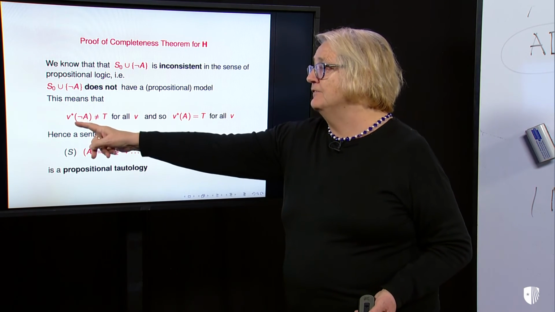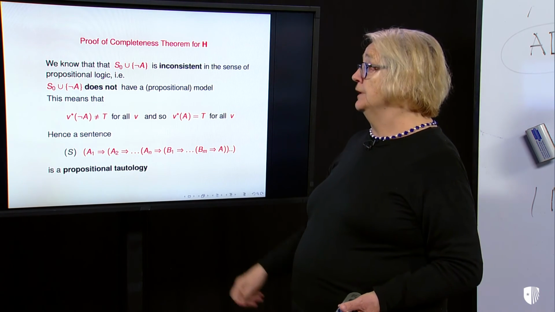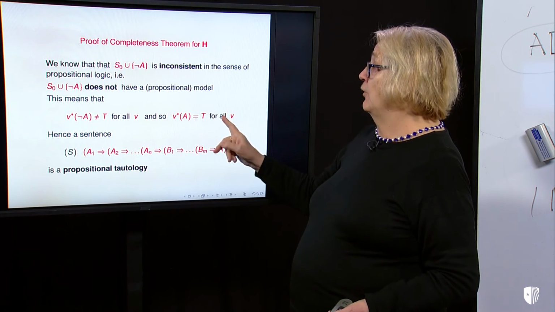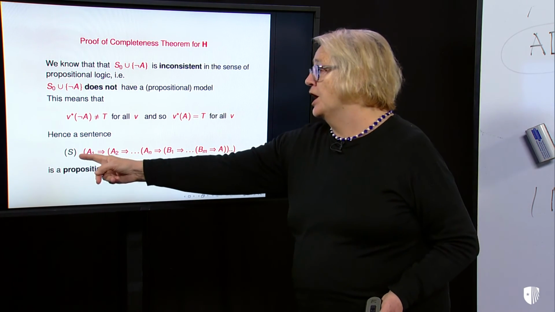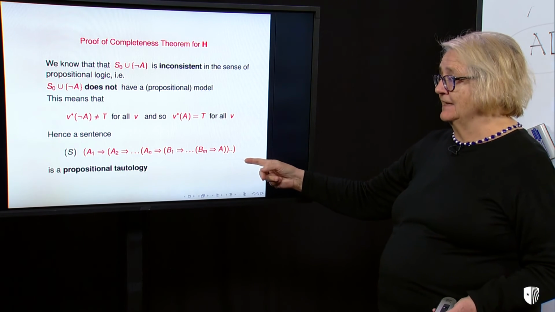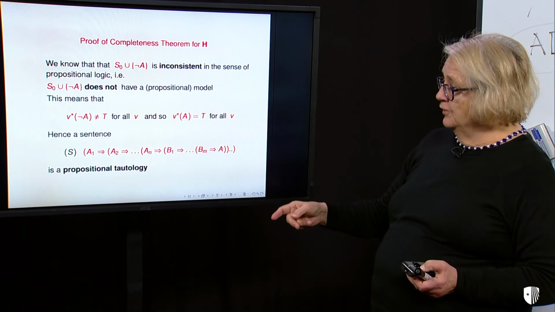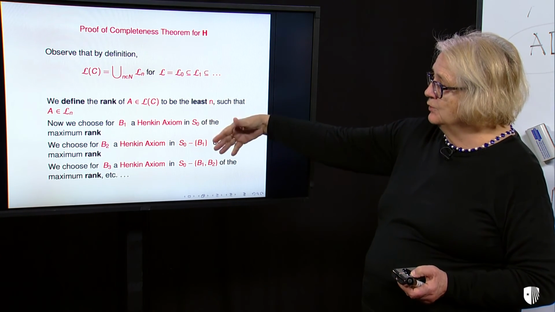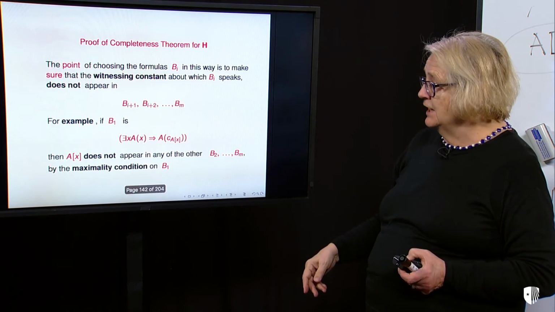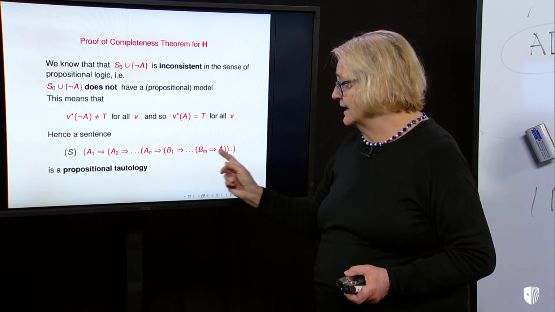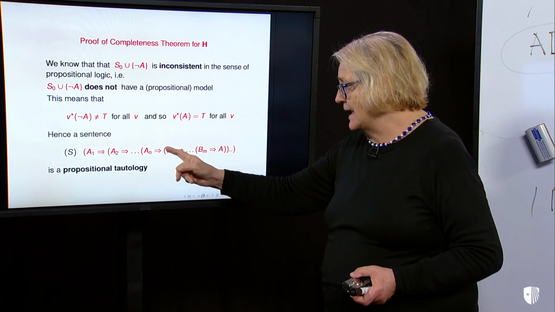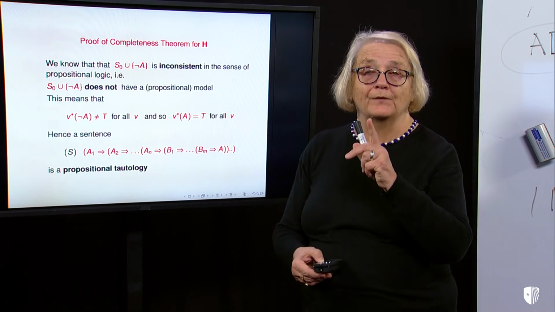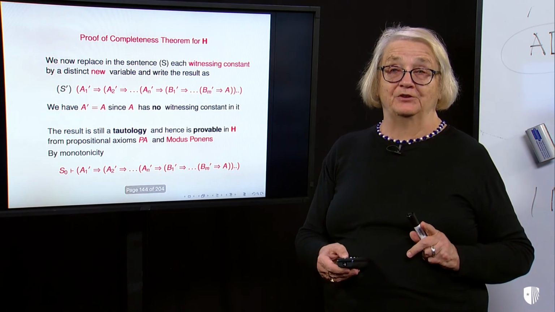That means that V of the negation of A is not true, and so V of the sentence is T for all V. So for those constructed formulas, which we showed how to construct, we form such a sentence, and it must be a propositional tautology. That is the first important fact.